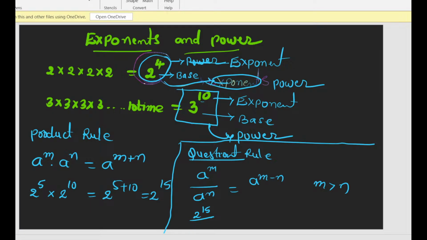Just look here, take 2 power 10 by 2 power 3. We can write this as 2 power 10 minus 3, that is 2 power 7. It is the quotient rule. Here what is the condition? m is greater than n.